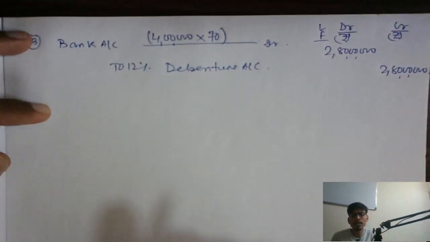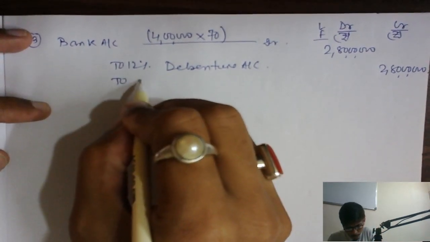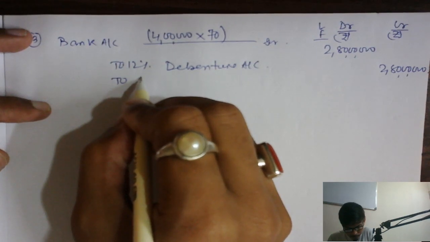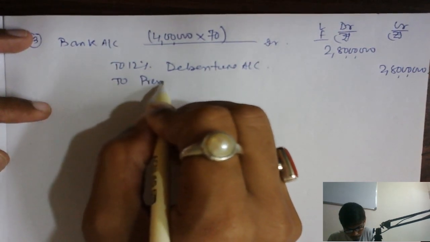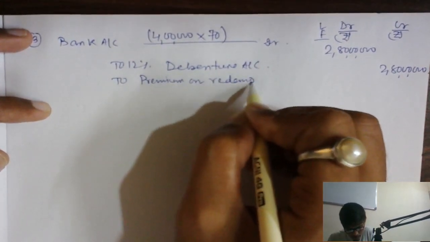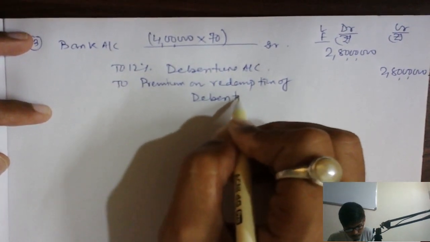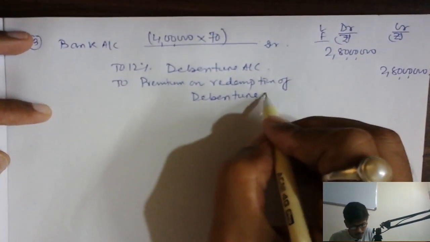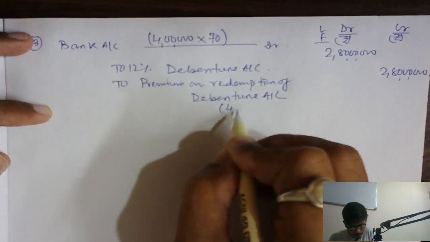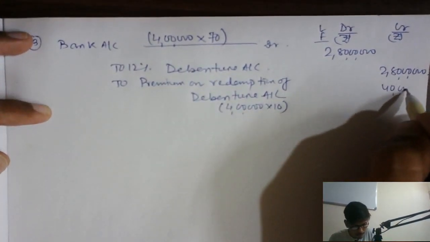And the most important thing, the debenture premium amount is 10 rupees on the 4 lakh debentures. So I can write here to premium on redemption of debenture. What is the amount of premium here? 4 lakh into 10 is 40 lakh.